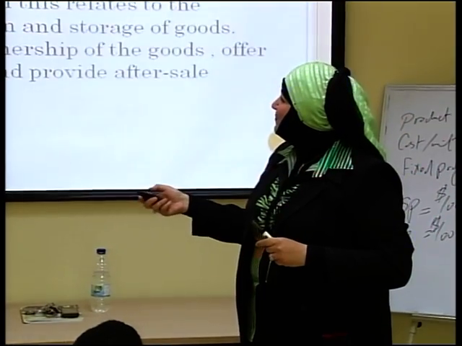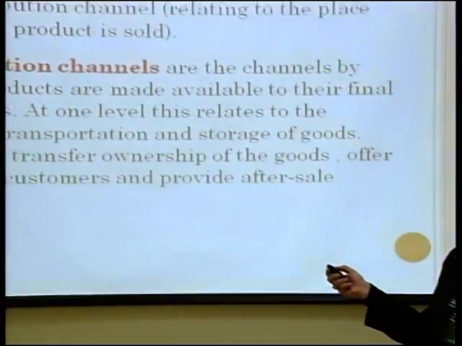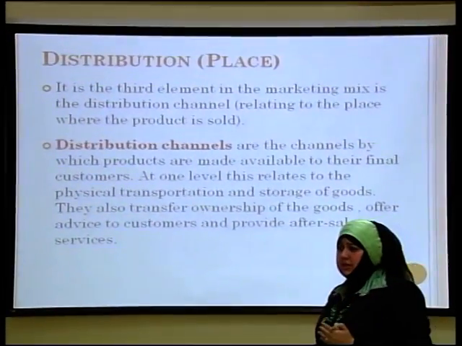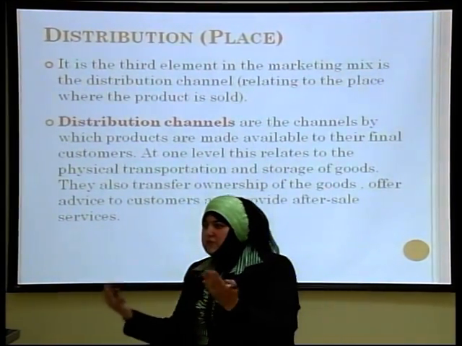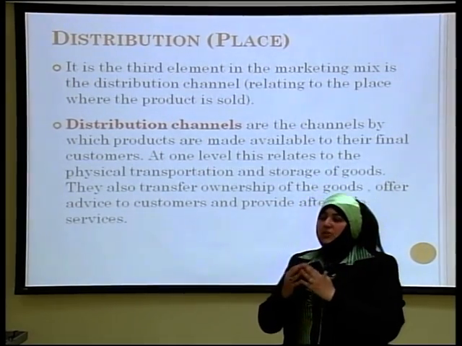Okay, all right? All right, very good. Here we have the third element in the marketing mix, which is distribution, or we call it sometimes place. If you have it in the exam, distribution, place, both of them are okay. All right, so distribution.